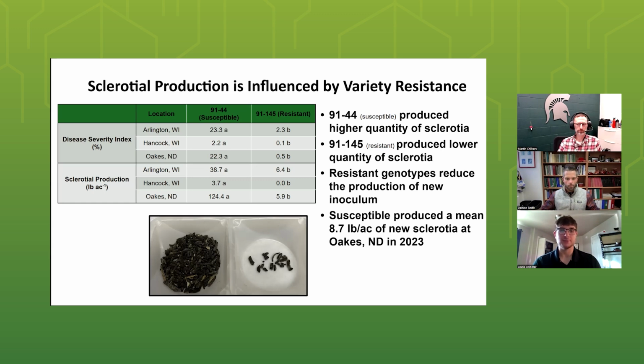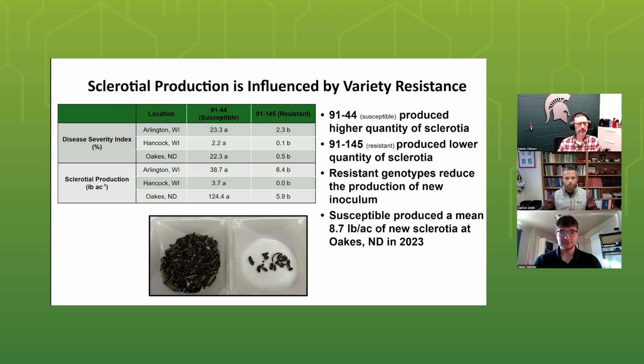This is why we use these two lines as a proxy for susceptible and resistant. The top portion of this table is looking at disease severity index, and you can see that the susceptibles consistently have higher levels of white mold comparatively to the resistant.